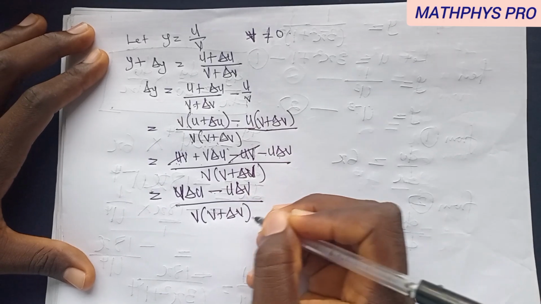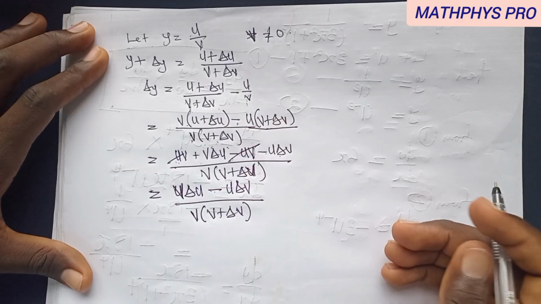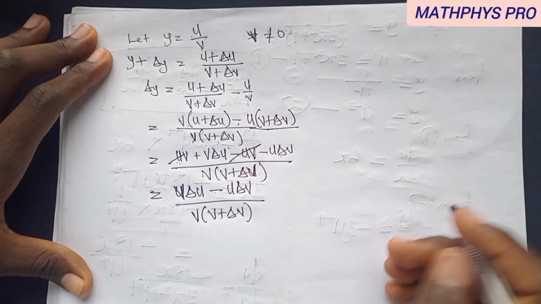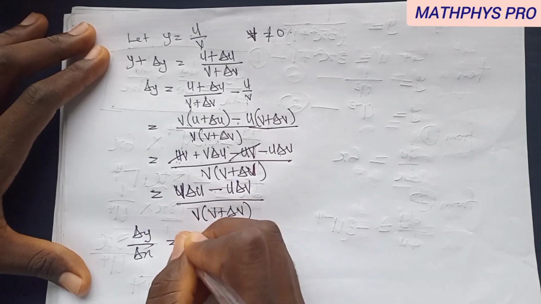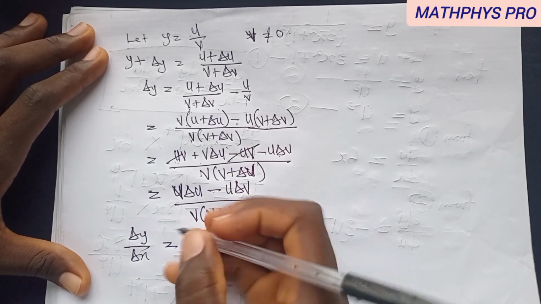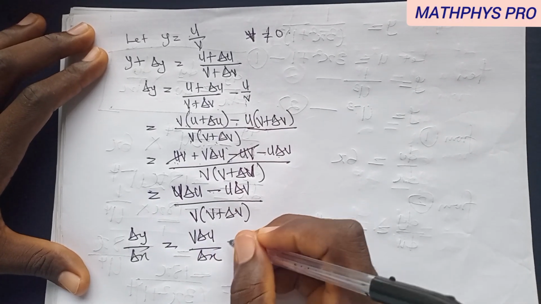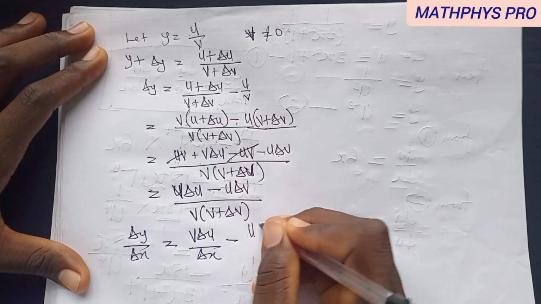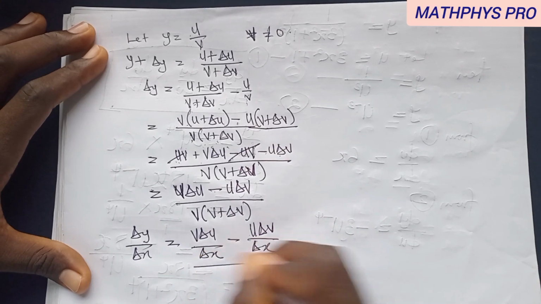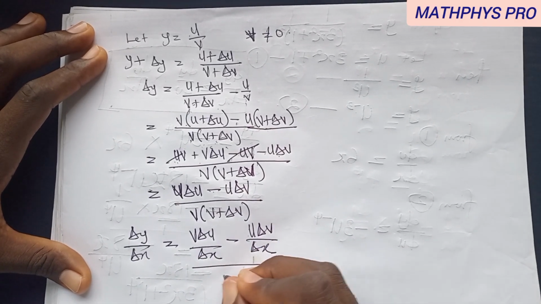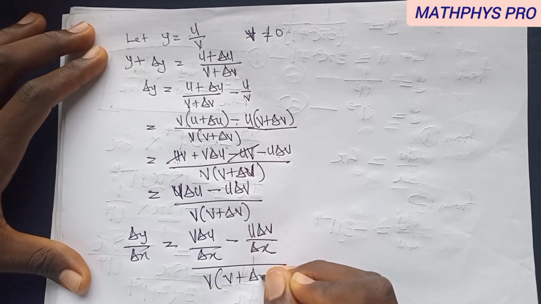So now, if we divide through by change in x, we can say that change in y over change in x is equal to v change in u over change in x minus u change in v over change in x, divided by v times v plus change in v.